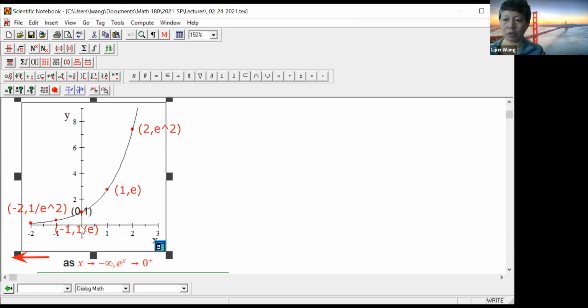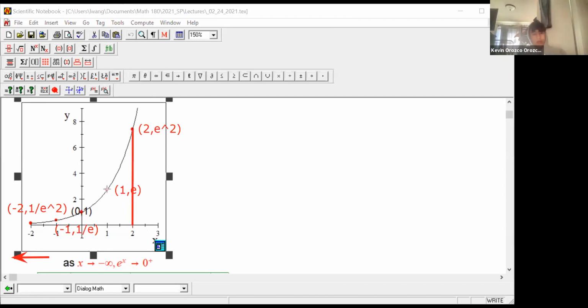Domain are those inputs on the horizontal line, the outputs are what? The vertical. So visually you will see that this is the output, output, output, output, and of course there are other outputs in between; we just didn't show all of them.